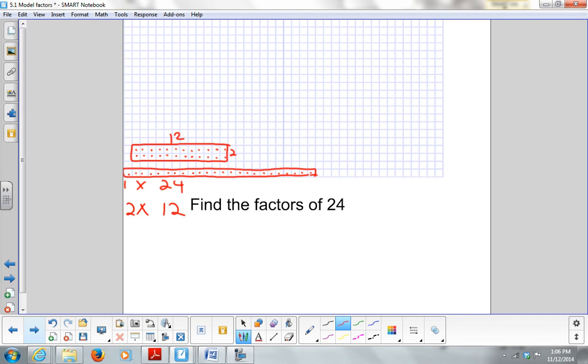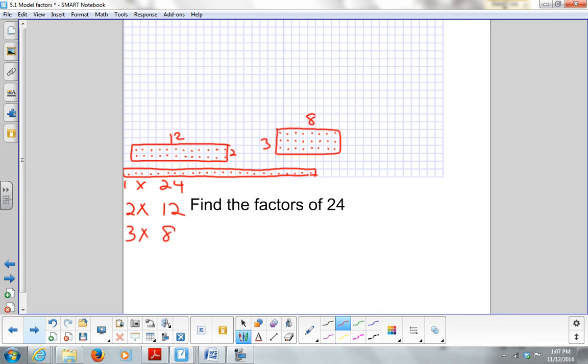How about 3? So we have 1, 2, 3, 4, 5, 6, 7, 8, 9, 10, 11, 12, 13, 14, 15, 16, 17, 18, 19, 20, 21, 22, 23, 24. And so that is 3 times 8. So there's another.